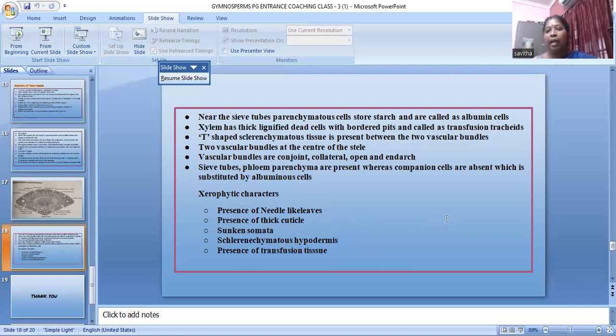If anyone has any doubt regarding any part of today's topic, you can ask me. Any doubt, my dear friends? Madam has clearly explained the complete details about the morphological and anatomical characteristic features of Pinus of the gymnosperms.